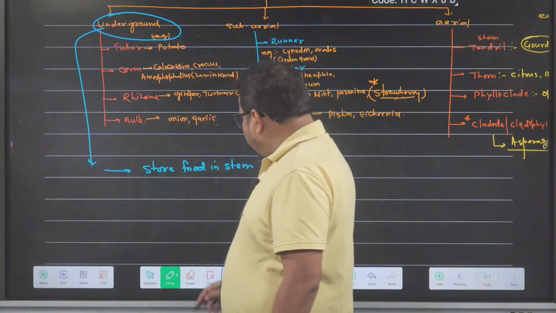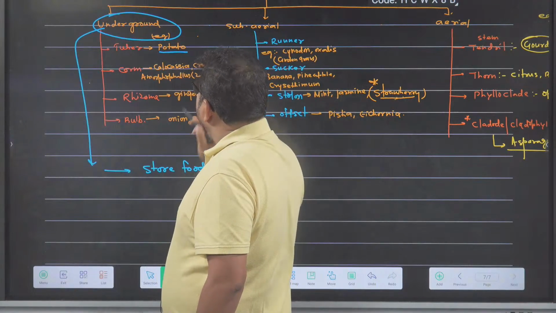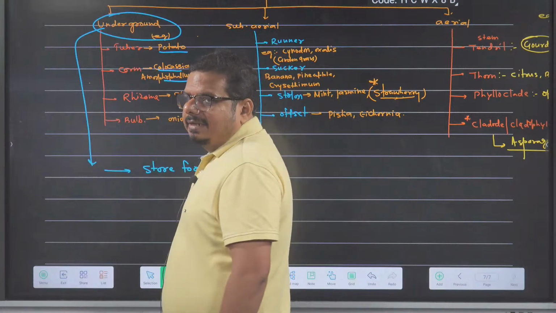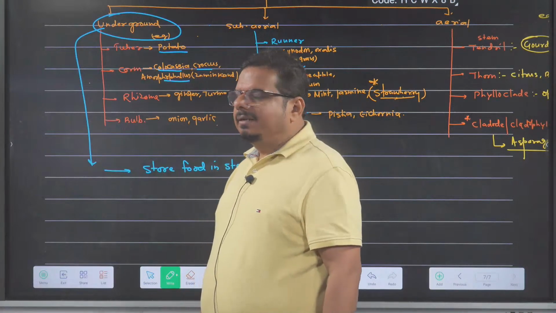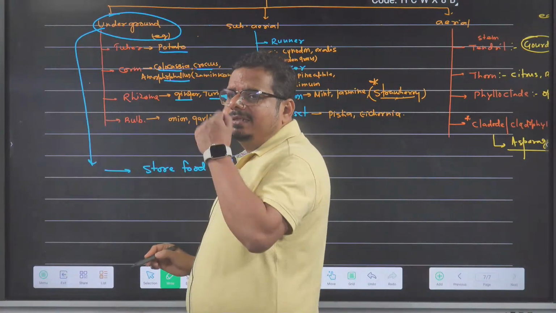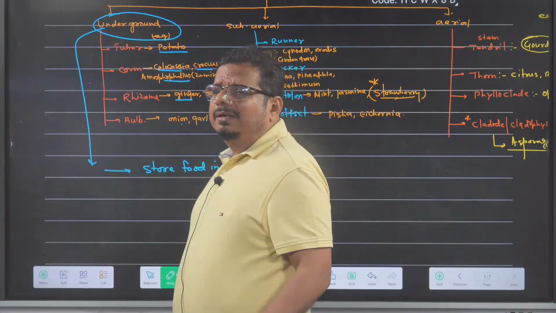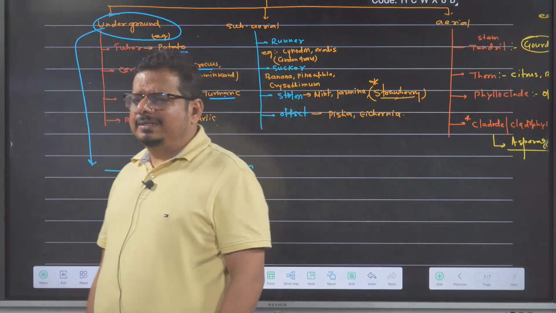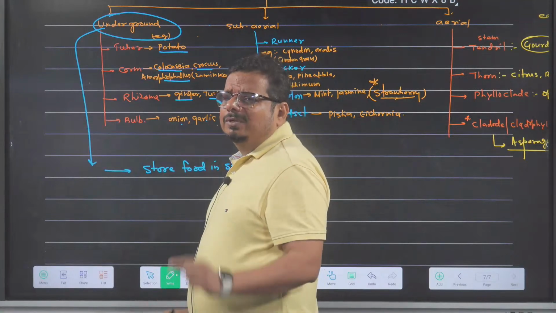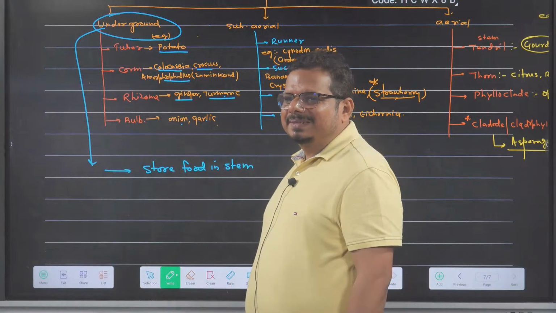Other than onion, a stem of potato is edible, a stem of colocasia, crocus, amorphophallus is edible, you are eating it as a vegetable. A stem of ginger and turmeric, what you are eating is a stem. But in onion and garlic, you are eating what basically? Leaf, fleshy leaf. Getting the things or not? And in garlic, you are eating which one? Especially the bulbils. In garlic, you are eating bulbils.